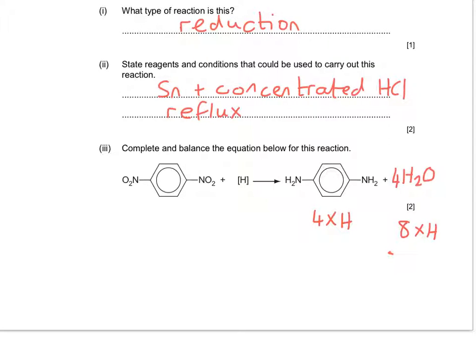That would mean that you'd need 12 H's in total. The example we looked at earlier in the clip had 6 H's, but this time we're actually reducing 2 NO2 groups, so it's twice the number of hydrogens.